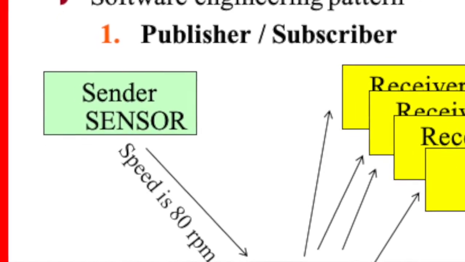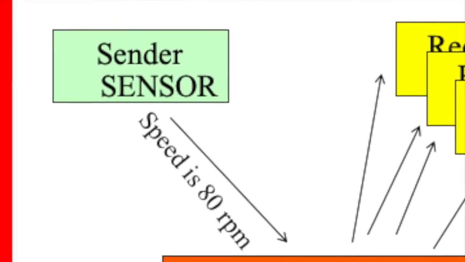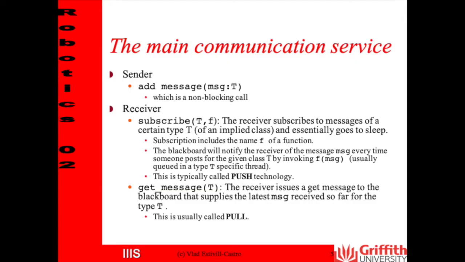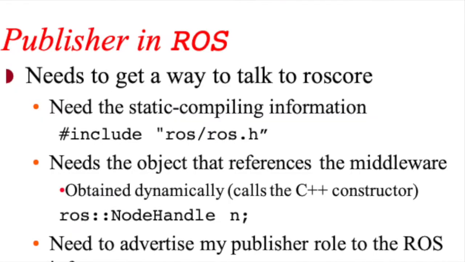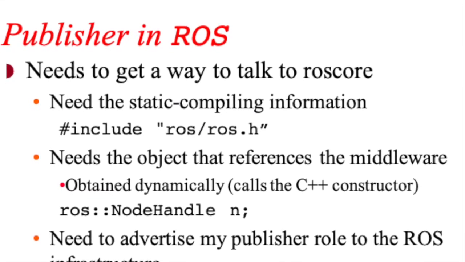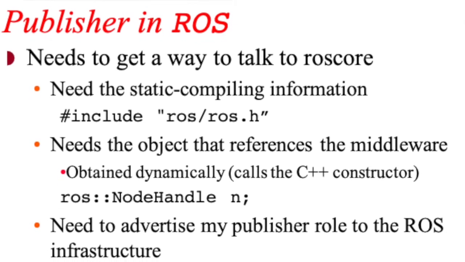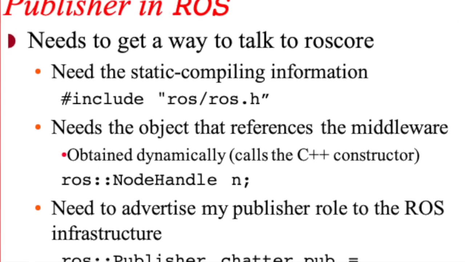In ROS, it's very common that sensors produce information, and so they become publishers. Therefore, in ROS, publishers are senders when we think of the Blackboard architecture. The C++ code of a publisher needs to include the ros.h file for linking statically against the ROS infrastructure.